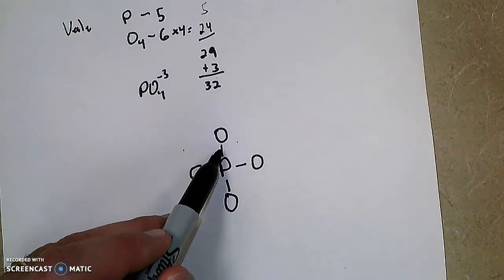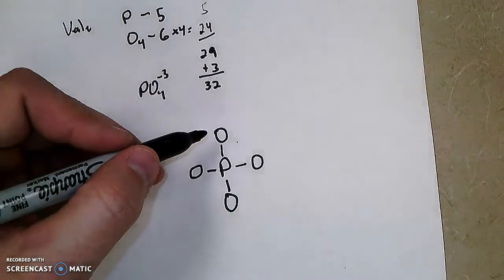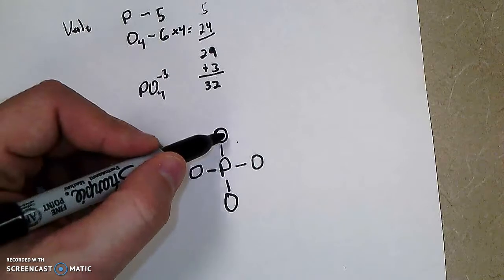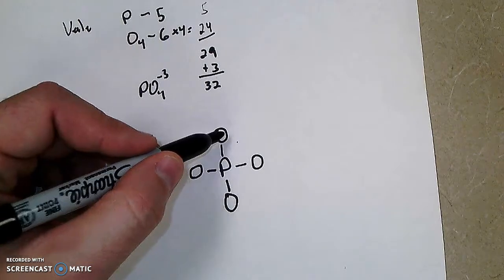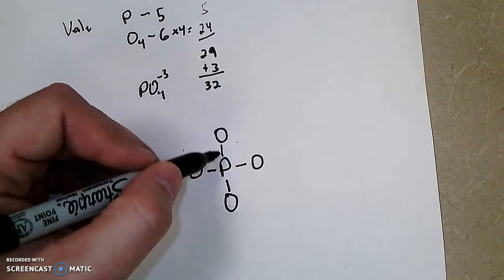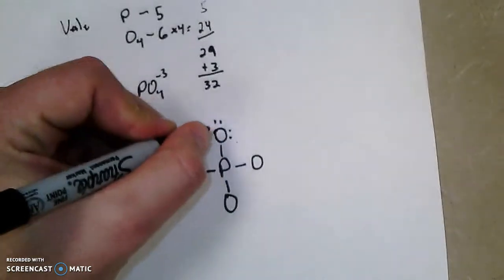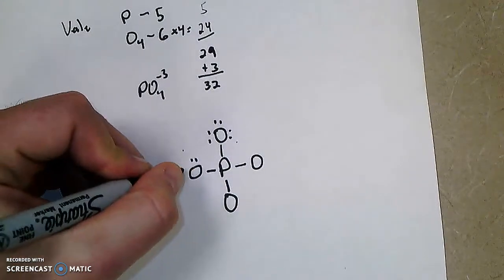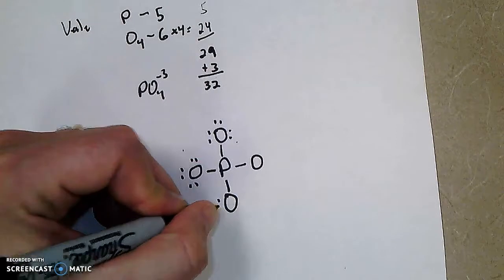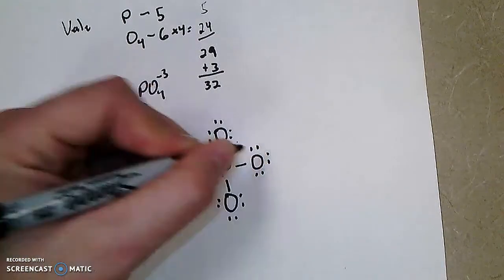Looking at one like this, I've got 2, 4, 6, 8 electrons dealt with so far. The next places to go with my electrons would be these outside atoms. Our most electronegative atoms go on the outside. They get their electrons next. So if I've already got 8 put out, we go 10, 12, 14, 16, 18, 20, 22, 24, 26, 28, 30, 32.